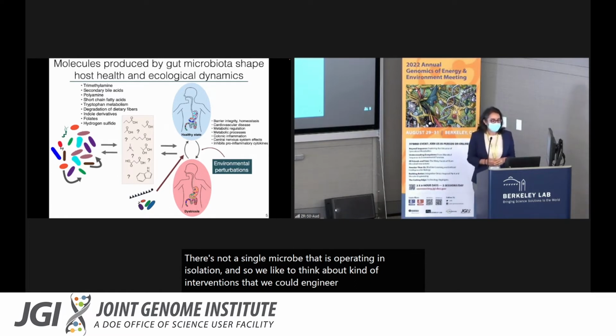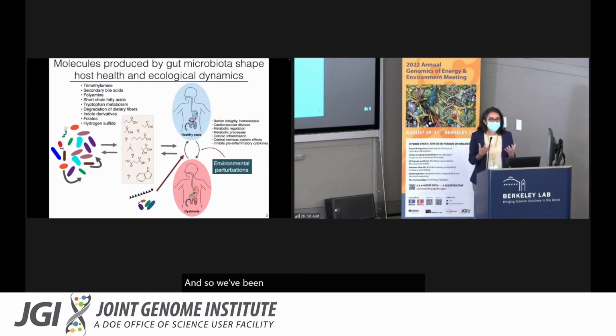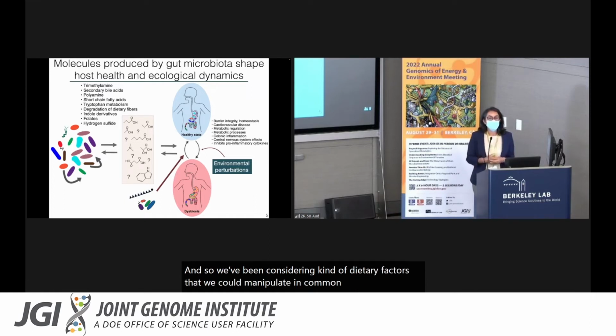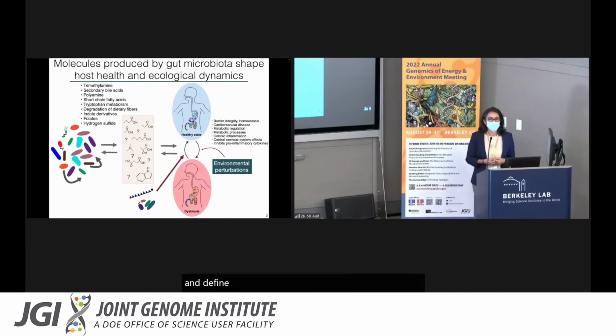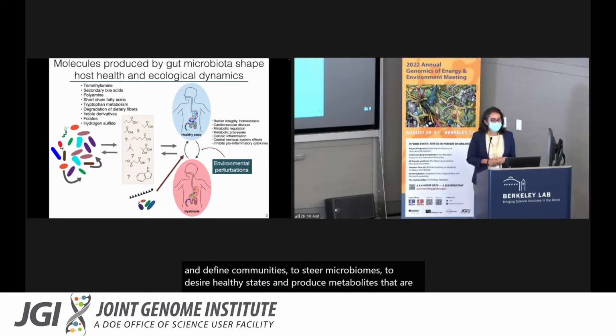And so we've been considering dietary factors that we could manipulate in combination with defined bacterial communities. And the goal would be to design these combinations of nutrients and defined communities to steer microbiomes to desired healthy states and produce metabolites that are beneficial, protect against disease.